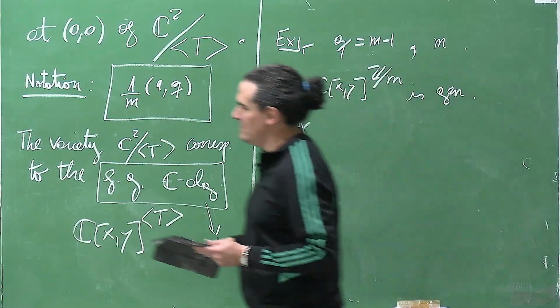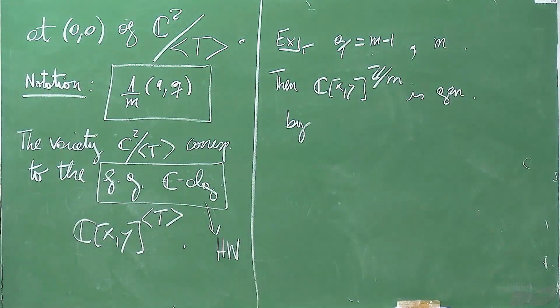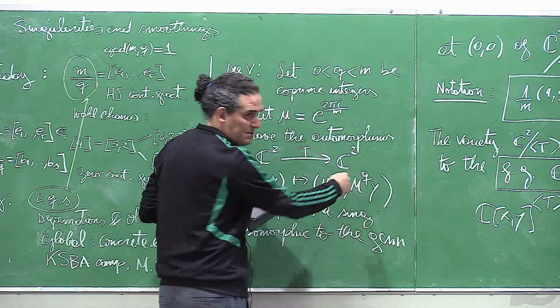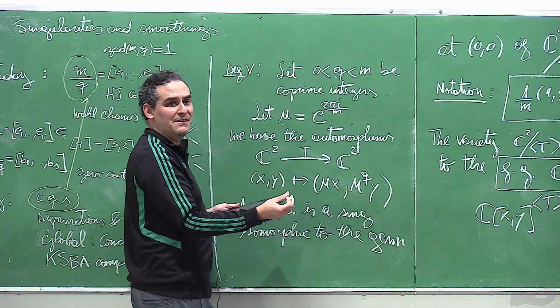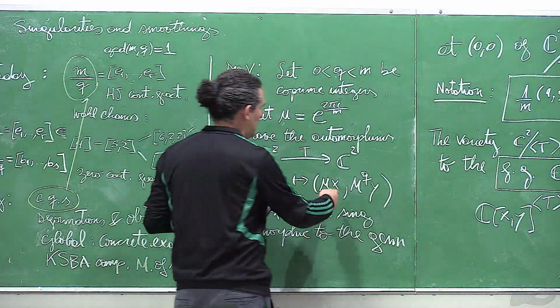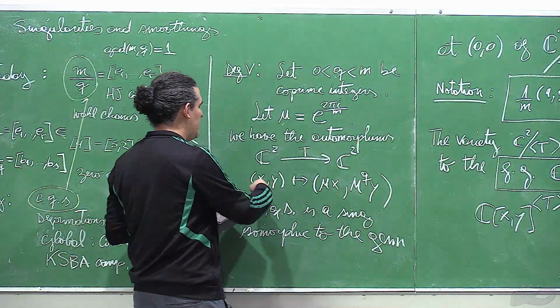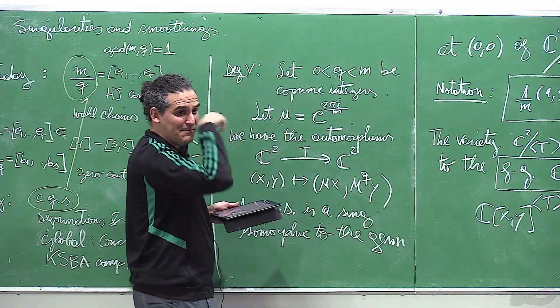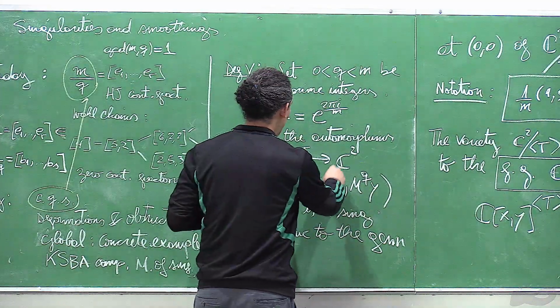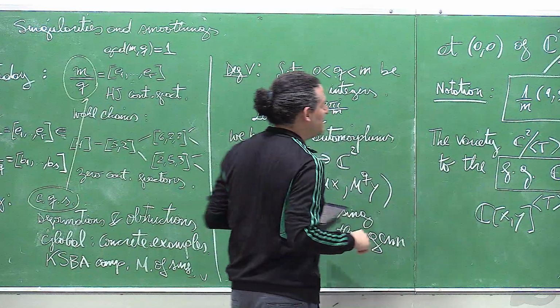If you see, this action is on x and y, so you need to look at the monomials only and then see how to kill this mu. So for example, x to the m is invariant because you put a power of mu and that is 1.